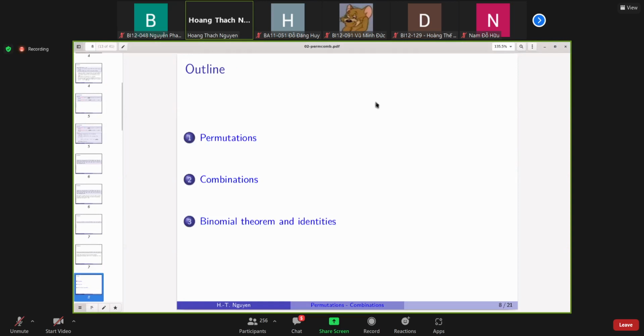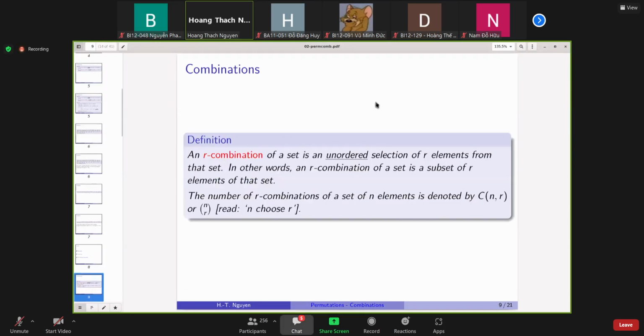Okay, so next, the combinations. Combinations is another concept which is widely used in combinatorics, and you can see there is a similarity between combinations and permutations, but the difference is that in permutations we pay attention to the order of the elements.